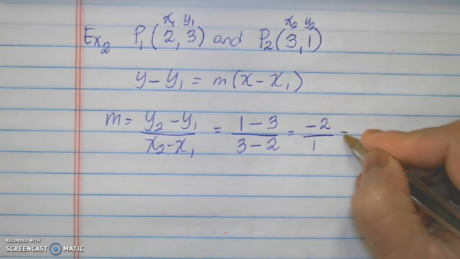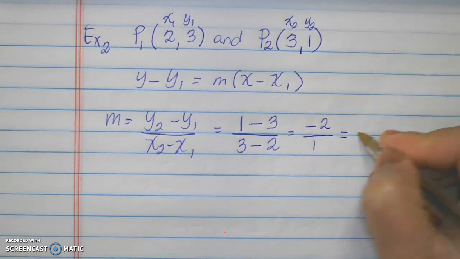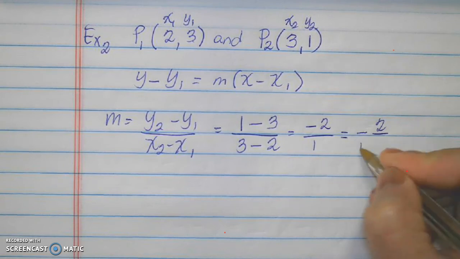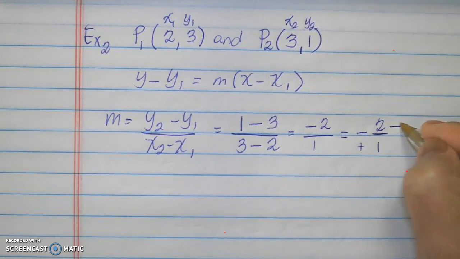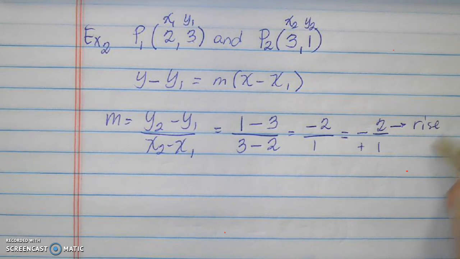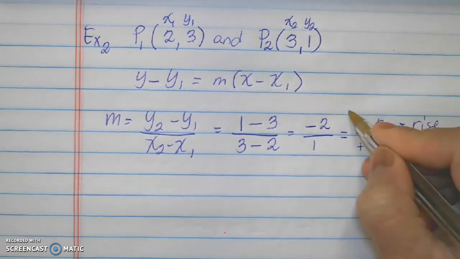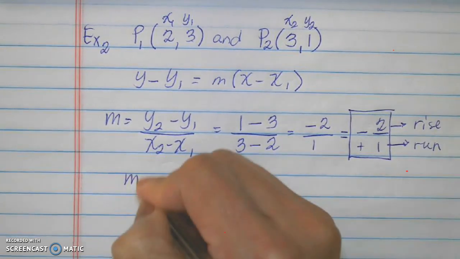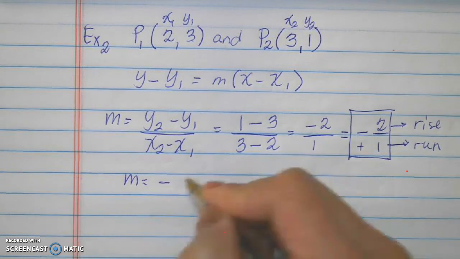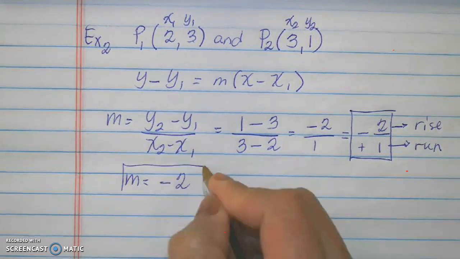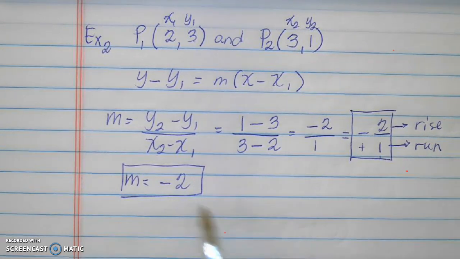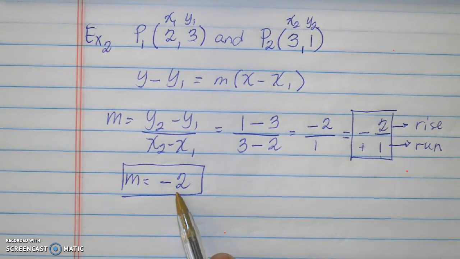So this is going to be a negative 2 out of positive 1, which means that this is your rise and this is your run. So we will have our m to be negative 2. This one is important for graphing. We will do that in a little bit, but this is for our equation.